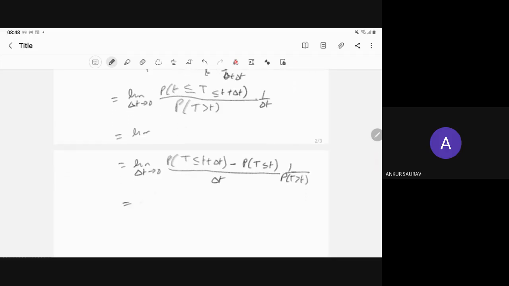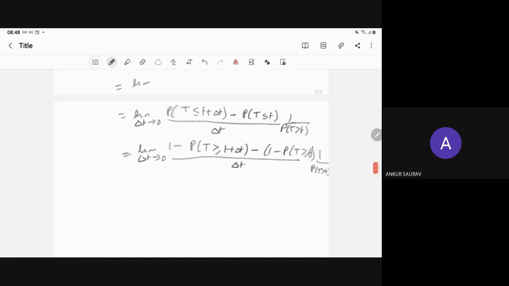This can be written as the limit as delta t tends to 0 of 1 minus the probability T greater than t plus delta t, minus 1 minus the probability T greater than t, upon delta t, times 1 upon the probability T greater than t.